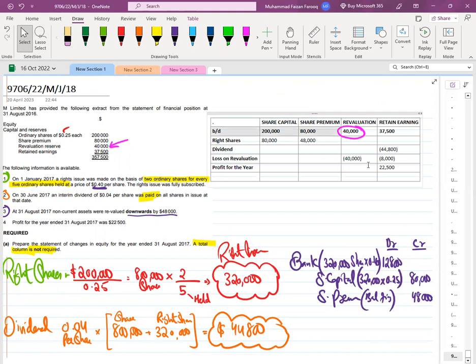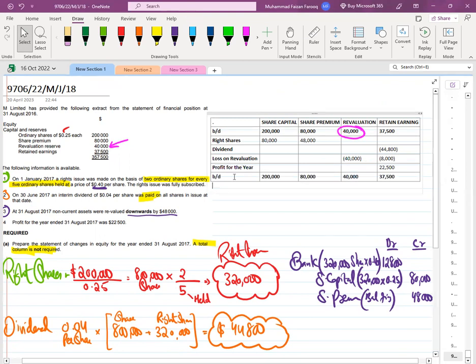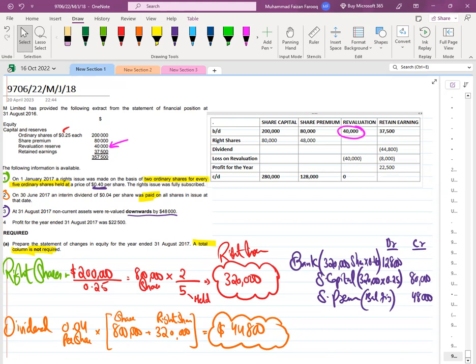Yes, profit is always part of retained earnings. Okay. Now adding up to 80, then 128, then 0. Help me with the retained earning, please.